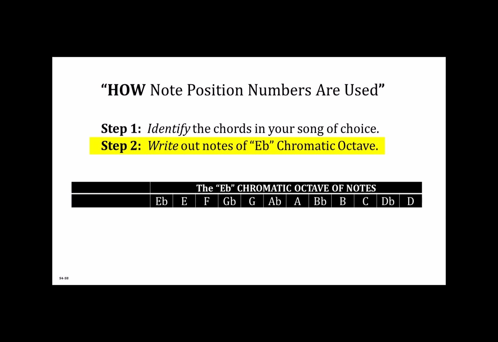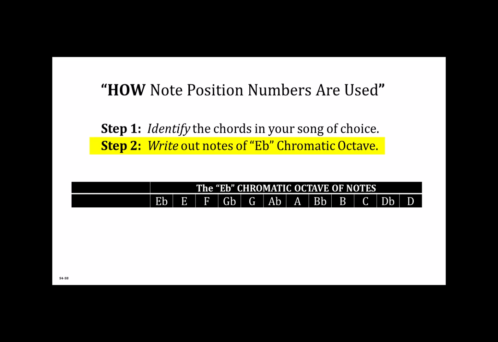This is step 2. To keep things simple, let's focus only on the E flat major chord, only because it was mentioned first. As you should know by now from previous examples, if we write each note of the E flat chromatic octave, it looks like this.